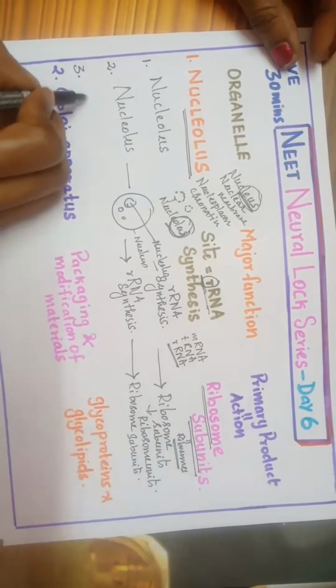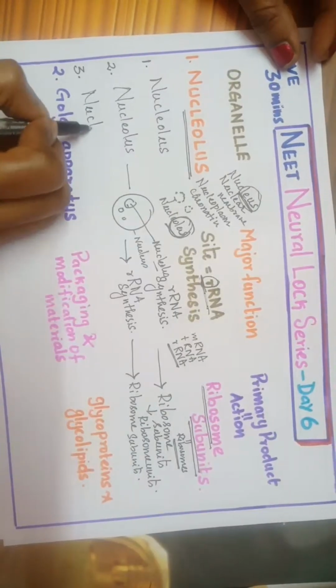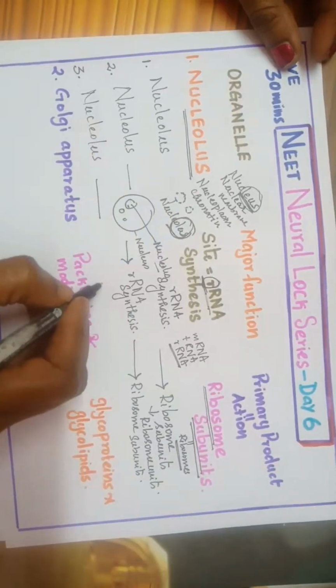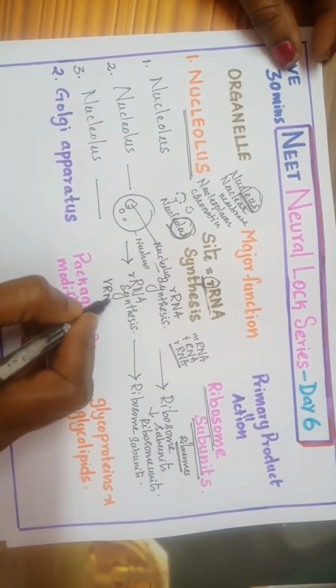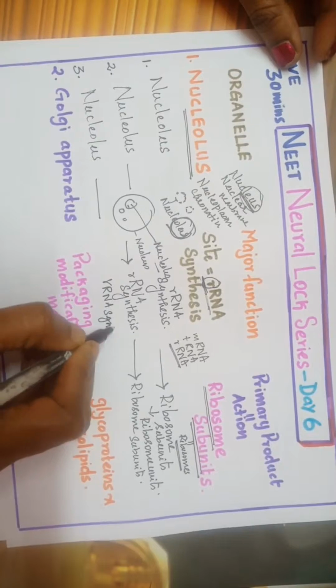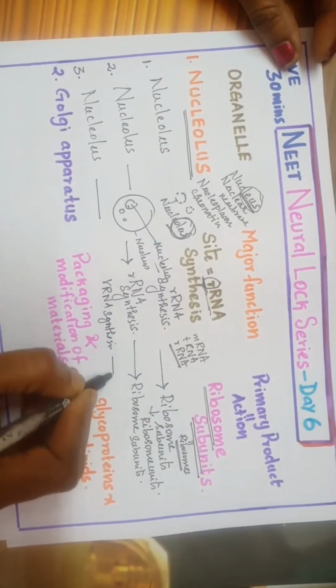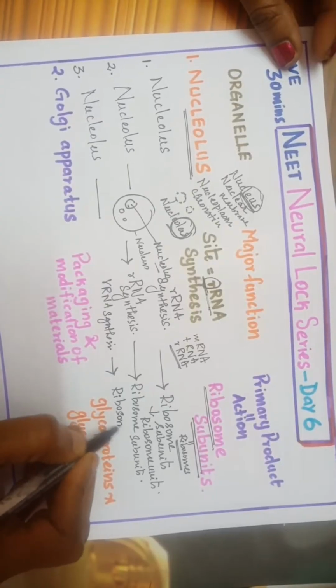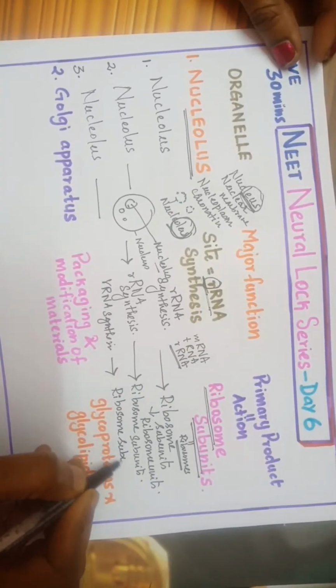Then the third time, nucleolus is the organelle, site of rRNA synthesis. The primary product out of this is ribosome subunits, which are the ribosomes of the cell.